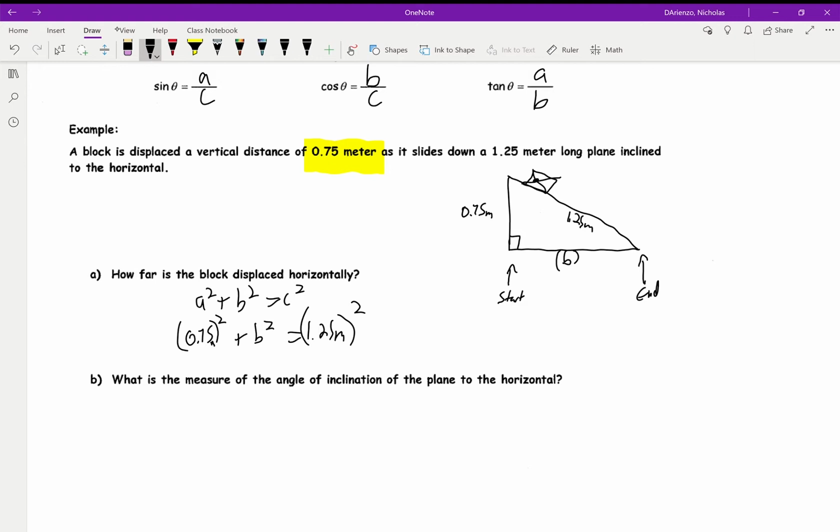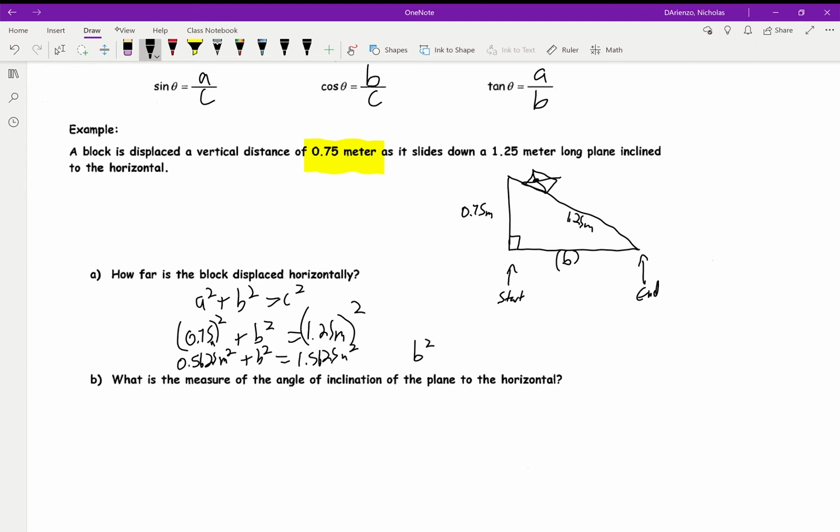This comes out to 0.5625 meters squared plus b squared equal to 1.5625 meters squared.